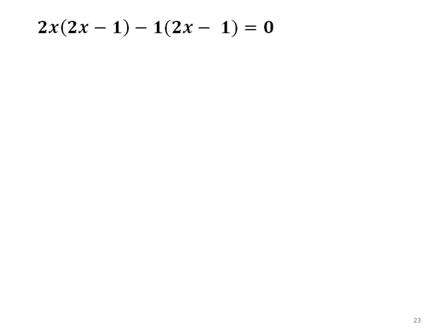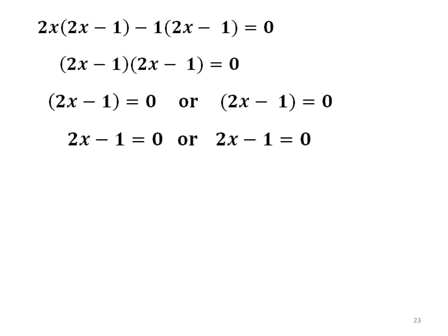So 2x(2x − 1) − 1(2x − 1) = 0. So I get (2x − 1)(2x − 1) = 0.